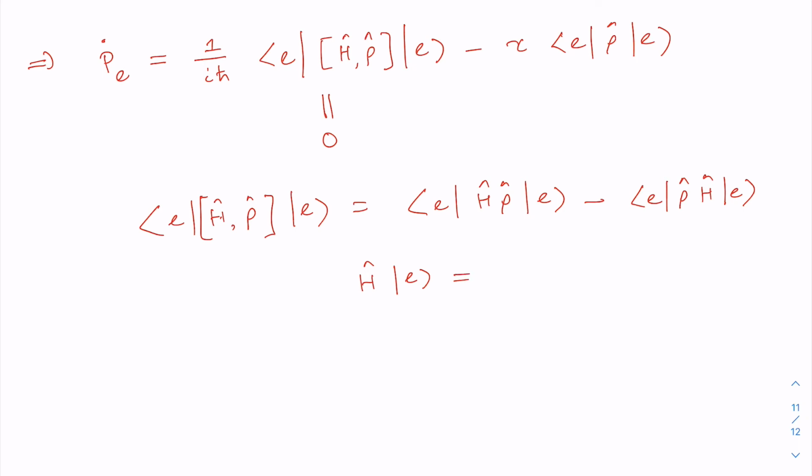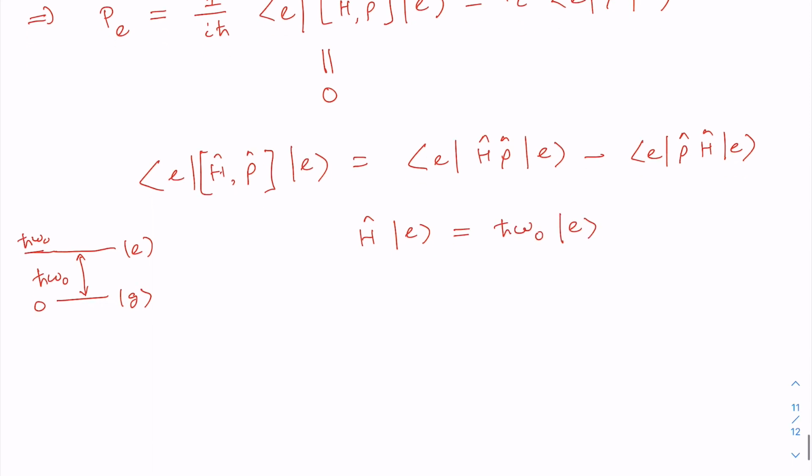So let us say our two level system has a difference of ħω0, with the ground state having 0 energy and the excited state having ħω0. So that's the energy eigenvalue.